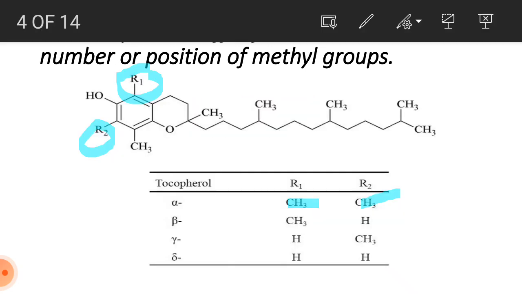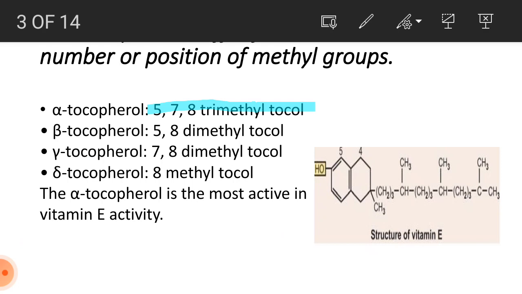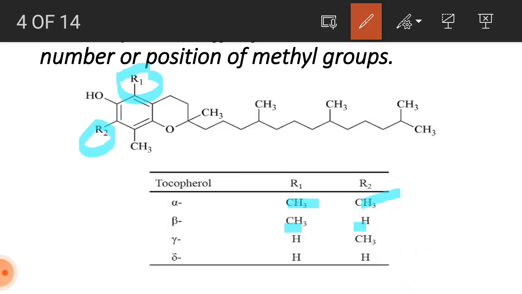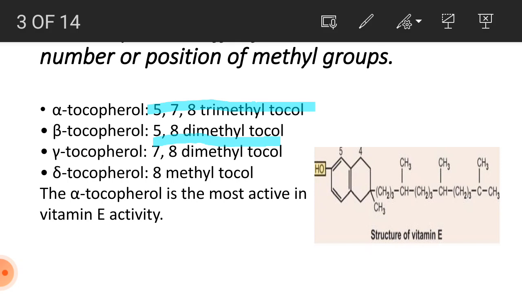Similarly, if in place of R1 there is a methyl group and R2 there is a hydrogen, then it will be 5,8 dimethyl tocol, also called beta-tocopherol. If in place of R1 there is a hydrogen and R2 there is a methyl group, then it will be 7,8 dimethyl tocol.